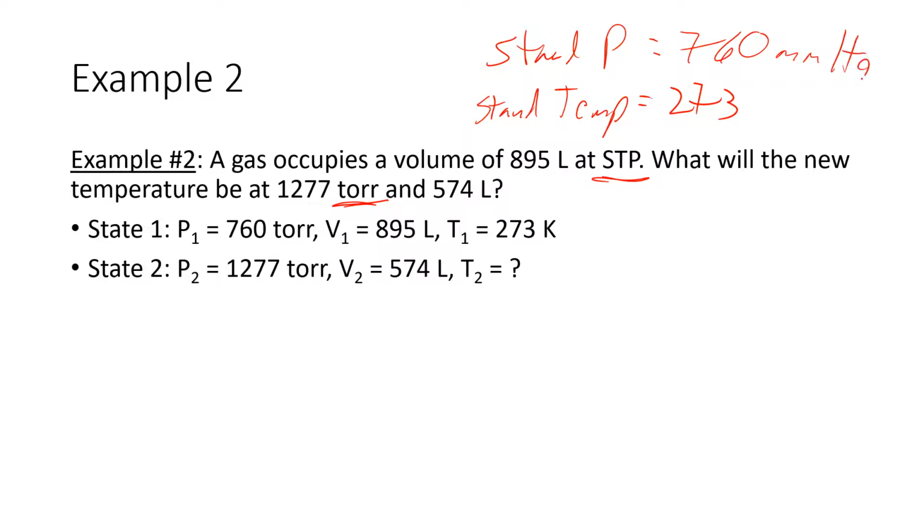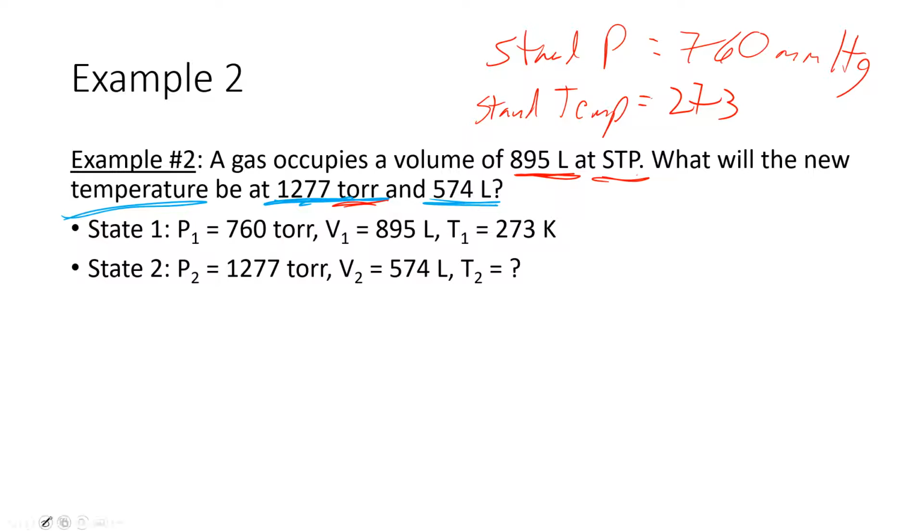Don't worry about this. Just worry about setting it up. So you have your volume, your pressure, your temperature in red, and then your P2s, V2s are right here. Here's your pressure, here's your volume. It's looking for the new temperature. That's your T2.